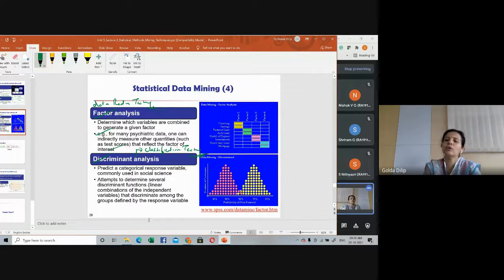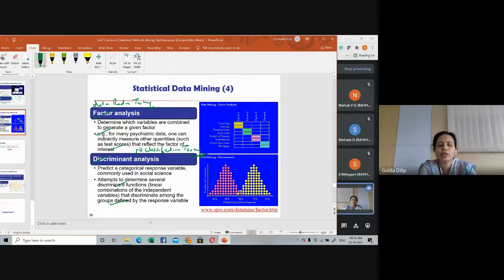So the doctor will be classifying patients at high risk or low risk for a stroke. That's what it attempts to determine: several discriminant functions, linear combinations of independent variables that discriminate among the groups defined by the response variable.